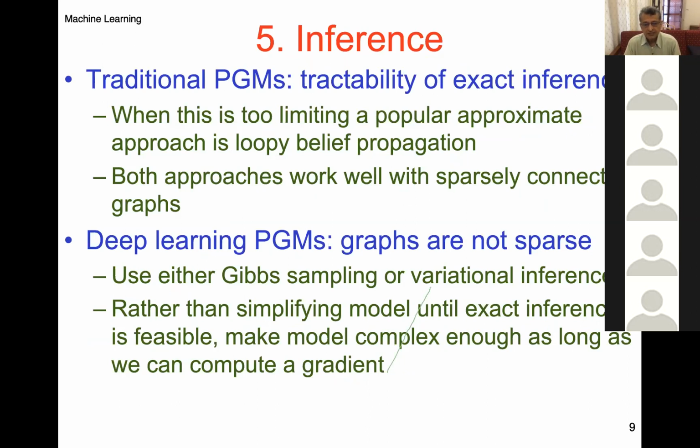Whereas with deep learning probabilistic graphical models, graphs are not necessarily sparse. So how do you do inference with them? Well, there are approximate methods. These are famous probabilistic graphical model approximate inference methods. One is based on Monte Carlo methods or sampling. When you're dealing with Markov type networks, Gibbs sampling is used. How is it used? That's actually the topic of the next chapter, chapter 17.